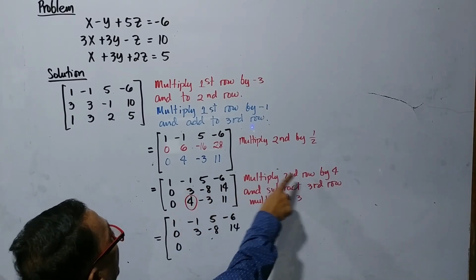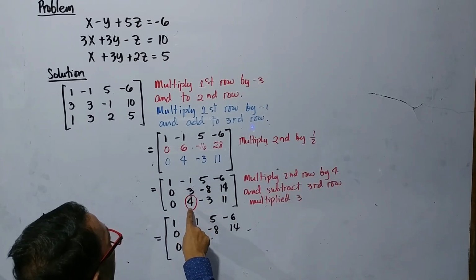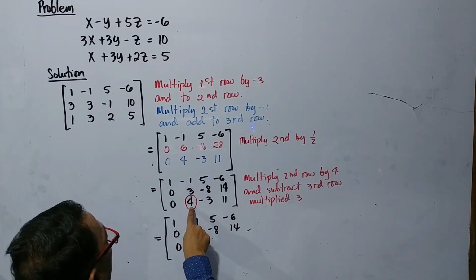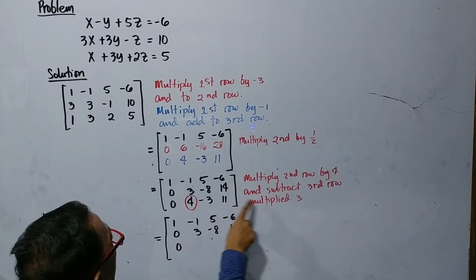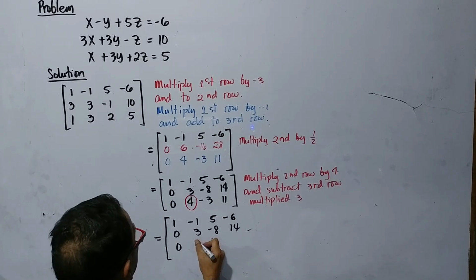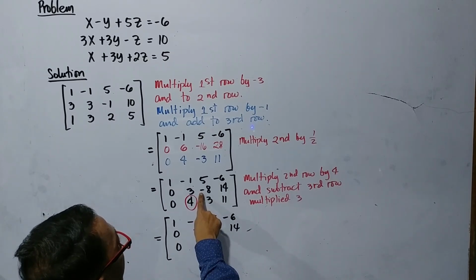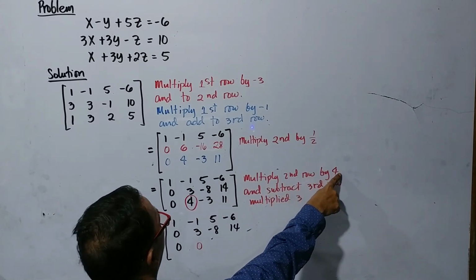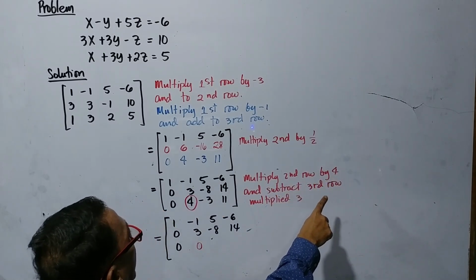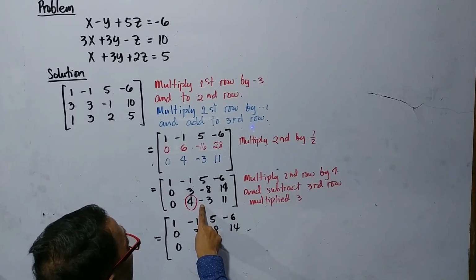So 3 times 4, 12 minus 4 times 3 equals 0. Negative 8 times 4 is negative 24. Minus becomes plus.